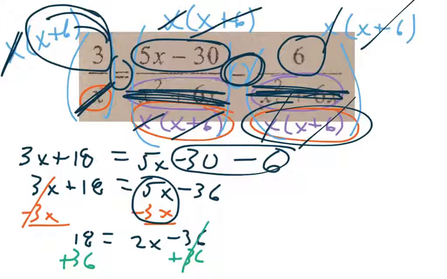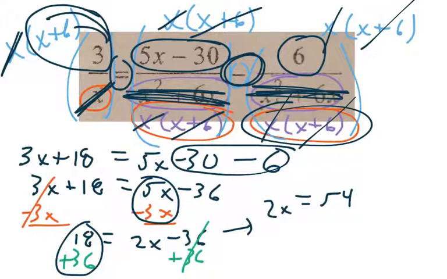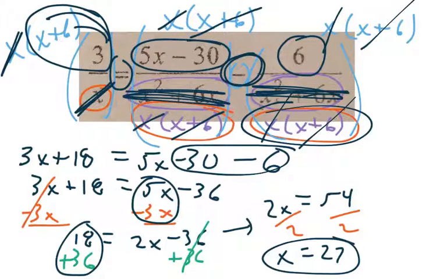With the minus 36 gone, I now have over here 2x equal to 18 plus 36 is 54. So divide by 2 on both sides. I know x is 27. X is 27. All right guys, pause the video for one last time.